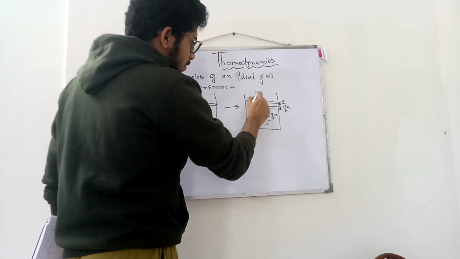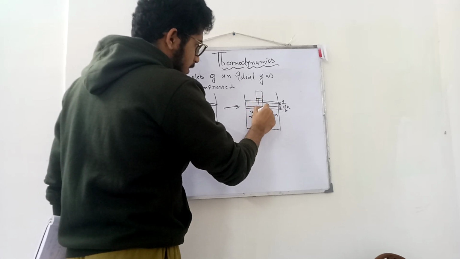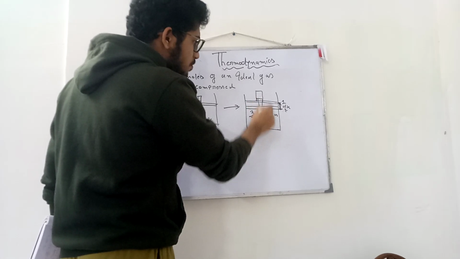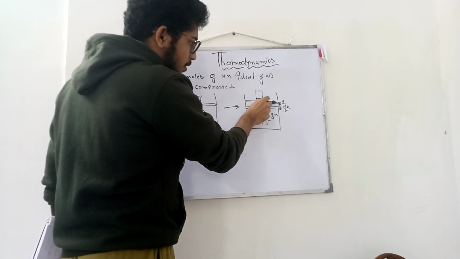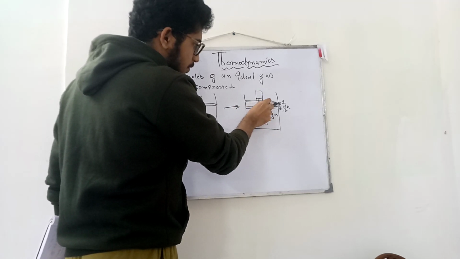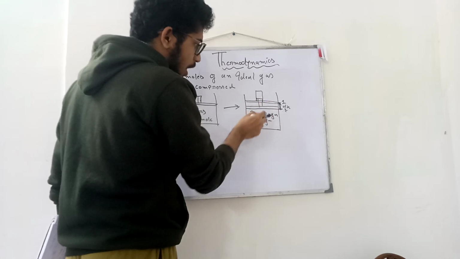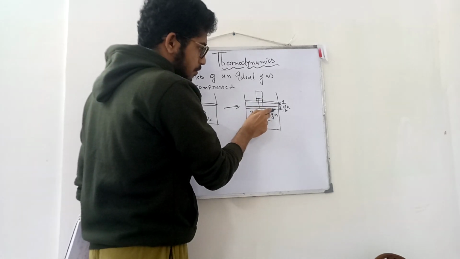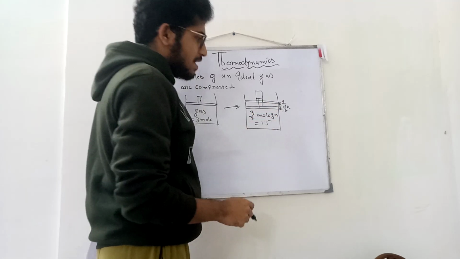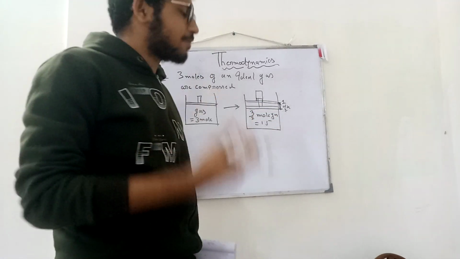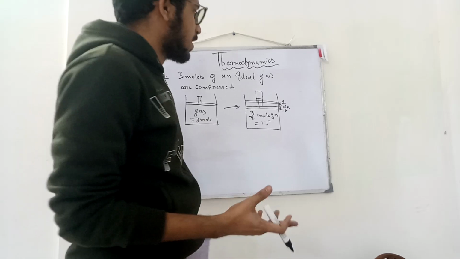So this is the initial state and this is the final state. How much work is done during this compression process, when the piston goes from the first point to the second point? That we have to find out.